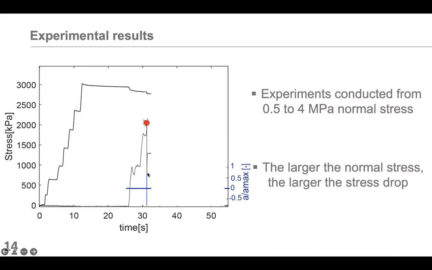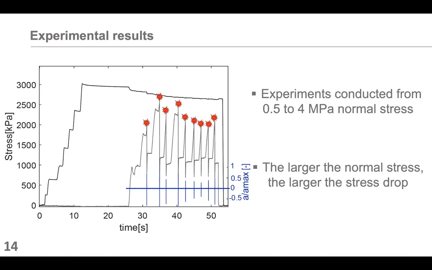And these events induce a stress drop along the fault that is also linked to the propagation of waves that we are able to record using accelerometers located at different positions along the fault plane. And what we observe is that the larger is the stress acting on the fault, the larger is the stress drop during the event.